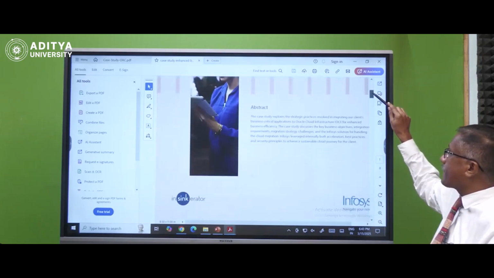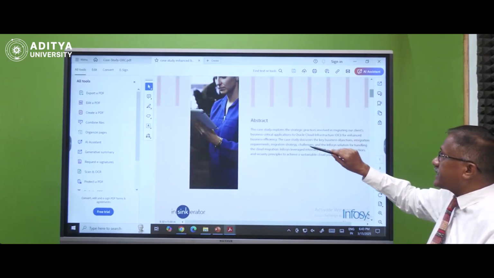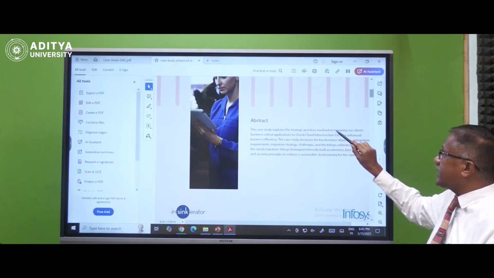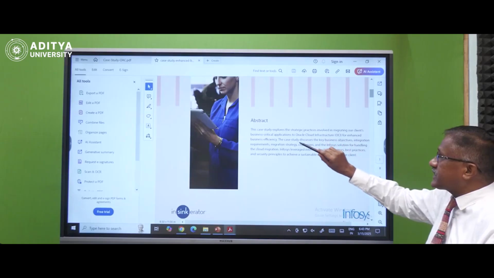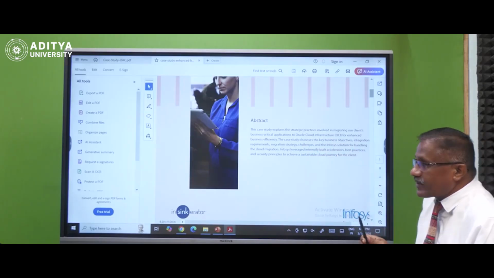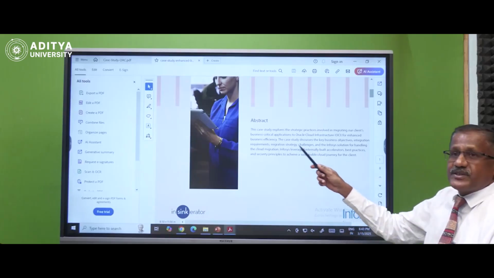Here, if you look at the abstract, this case study explores the strategic practices involved in migrating our client's business-critical application to Oracle Cloud Infrastructure. For what purpose? For business efficiency.